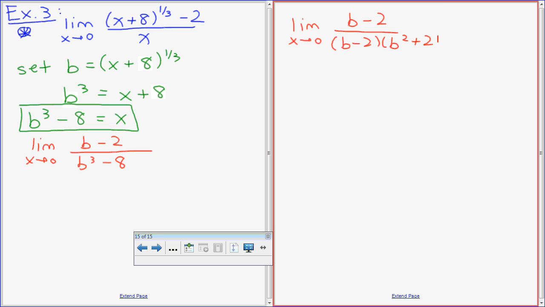That is the difference of cubes. I'm doing this again and again today just to remind you how important this is. If you like synthetic division, that's fine, but this is quicker.